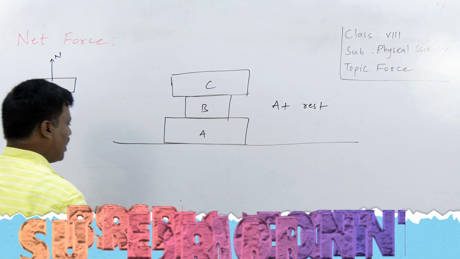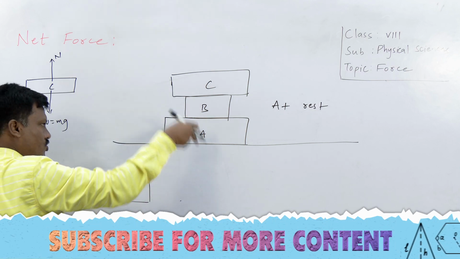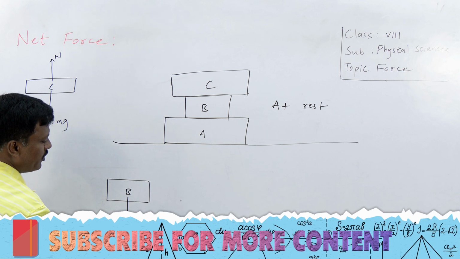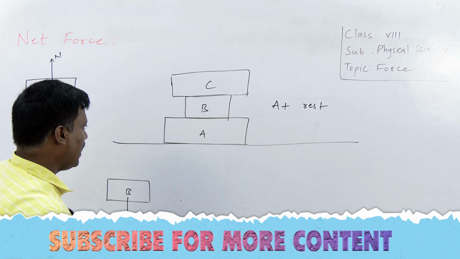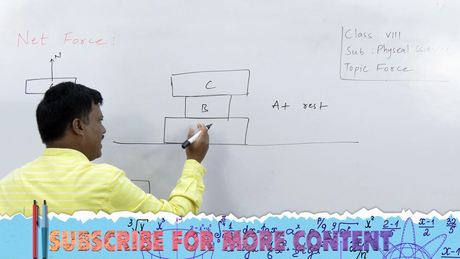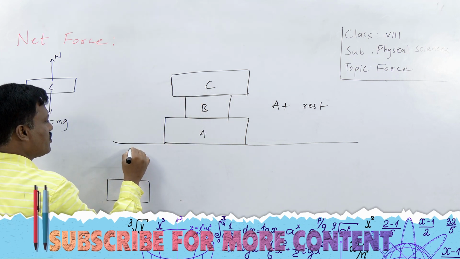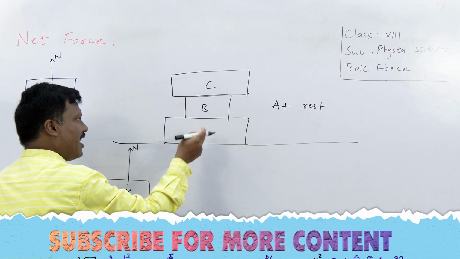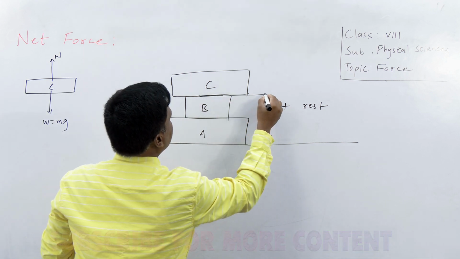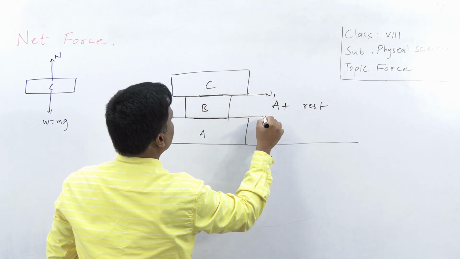Then tell me how many forces are acting on block B. Usually there is a gravitational force in the downward direction, W equals mg. This is common. The other force on block B is that block A exerts a normal force in the upward direction, the normal force by block A on block B. Let's say the normal force due to the contact between B and C is N1, and the normal force due to the contact between B and A is N2.